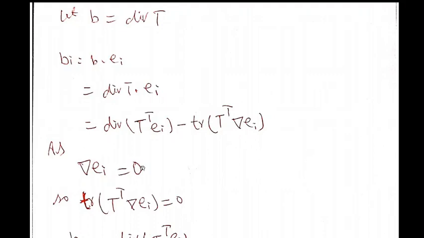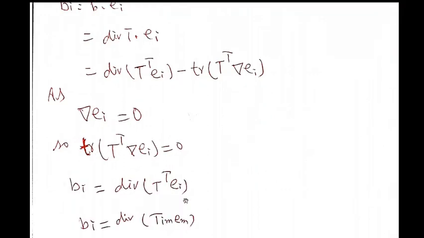No need to find it for E1, E2, E3 separately: in general, the gradient of Ei is fixed at zero. So if this is 0, then this product is 0, and its trace will be 0. So we are left with only the divergence of this term.